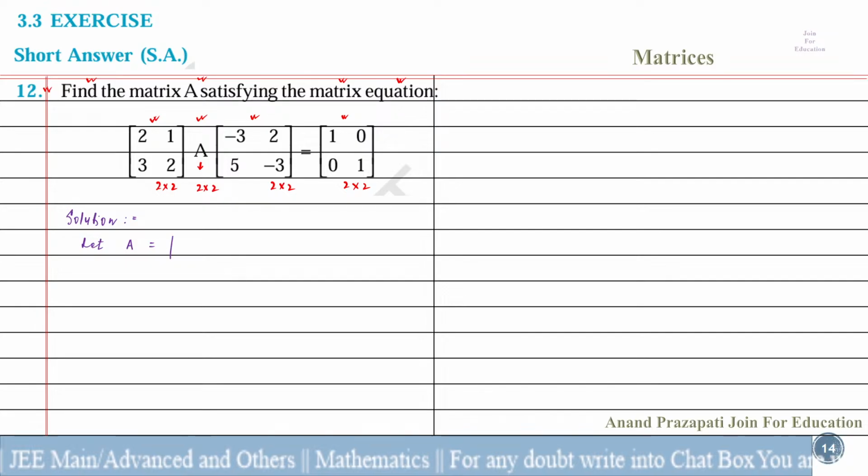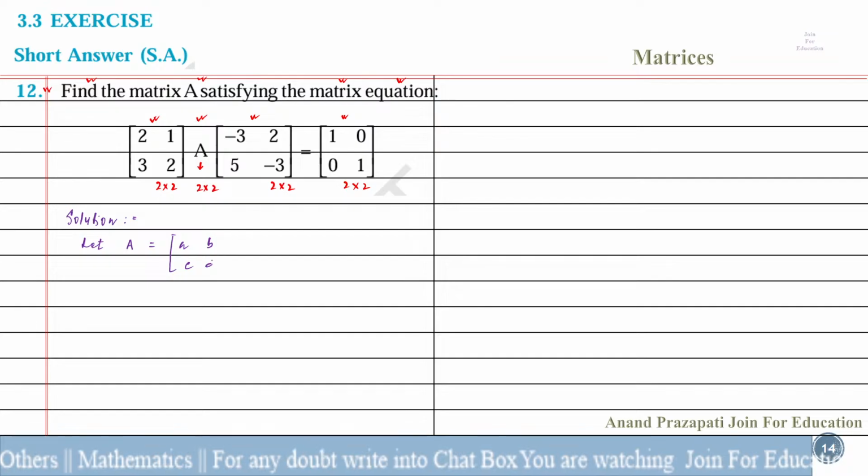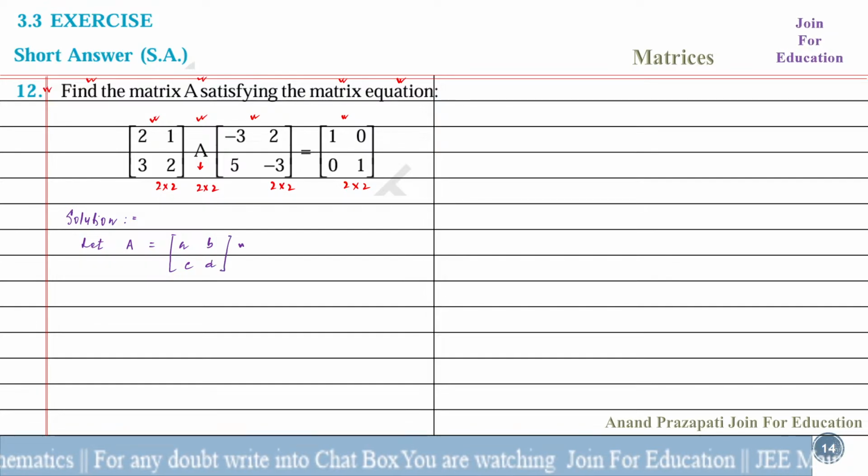Let matrix A equal to A, B, C and D. The order of this matrix is 2 by 2.